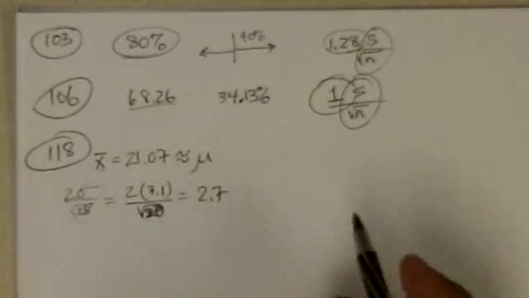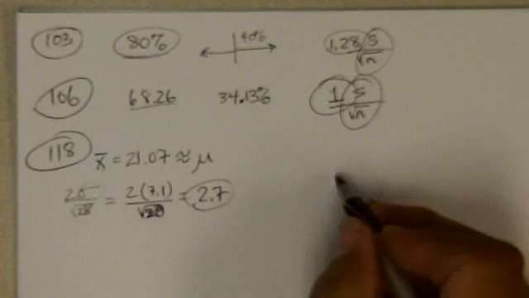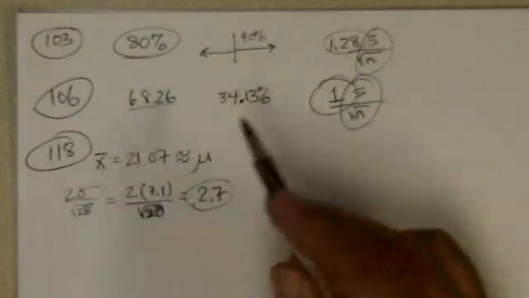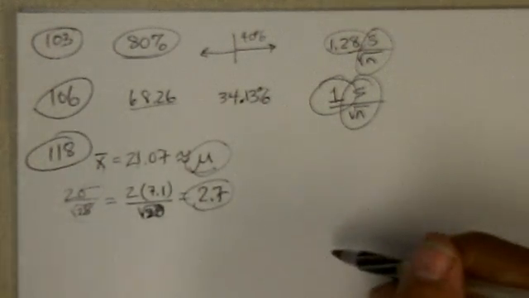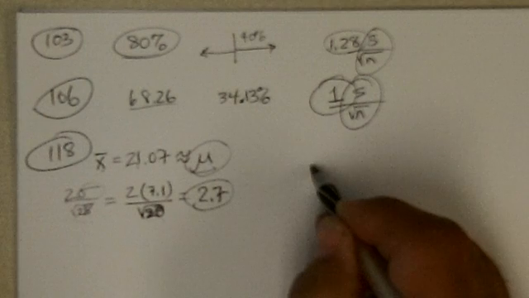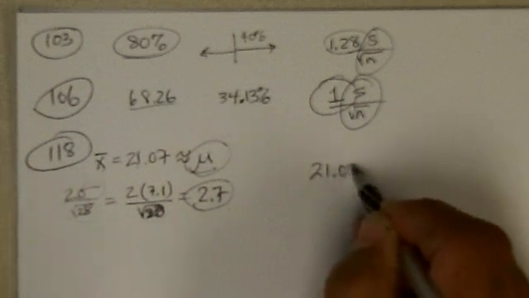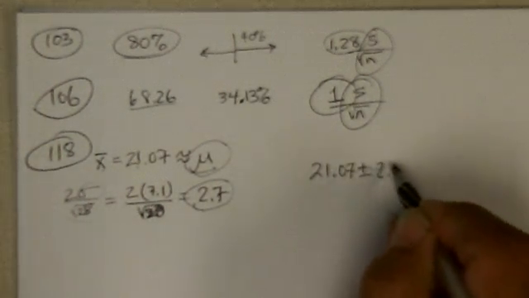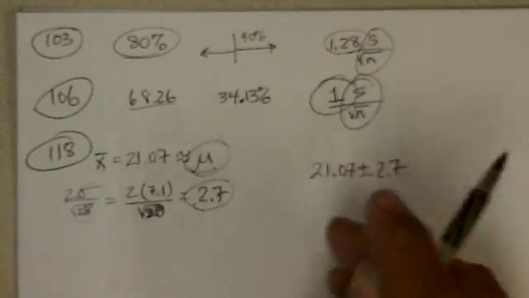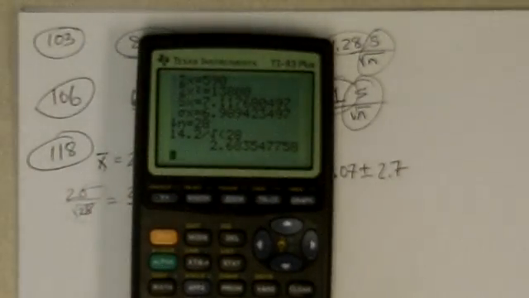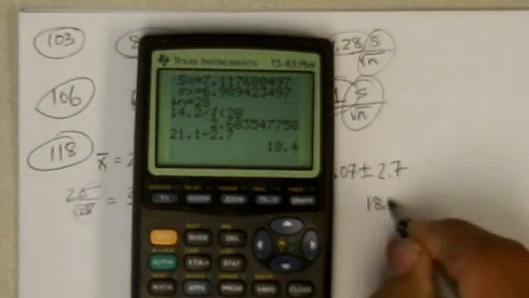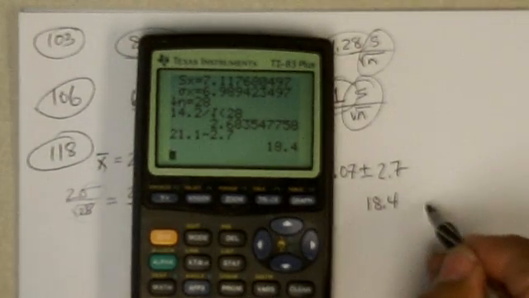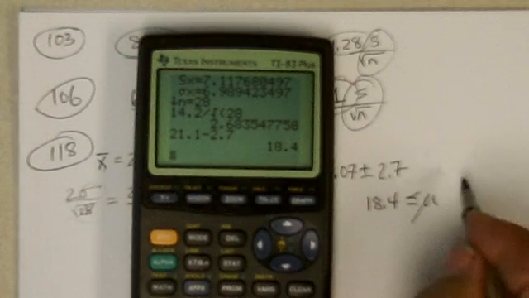So we think then, we're 95% sure that the wind on Rainier, on average, for all the populations, all the times, will be 21.07 plus or minus 2.7. So we'd round this to 21.1 and go 21.1 minus 2.7, and we'd say the true mean is somewhere between 18.4, 95% sure.